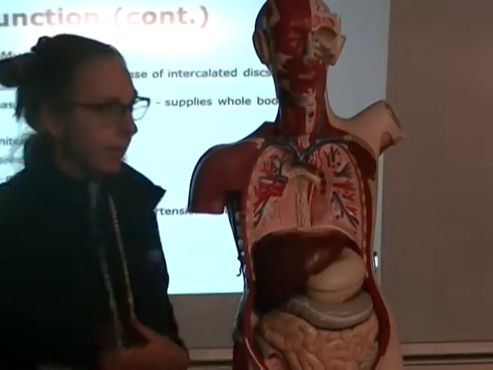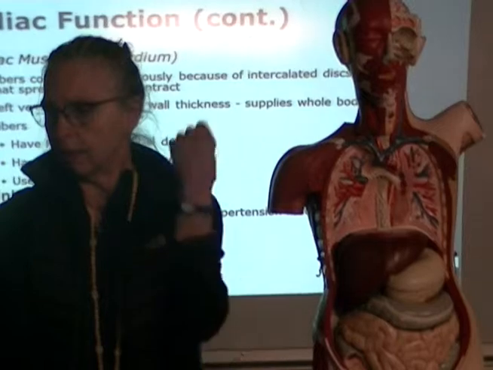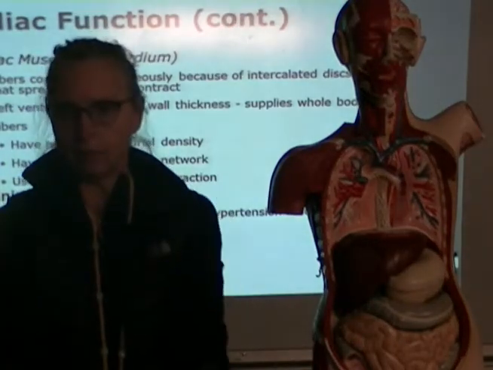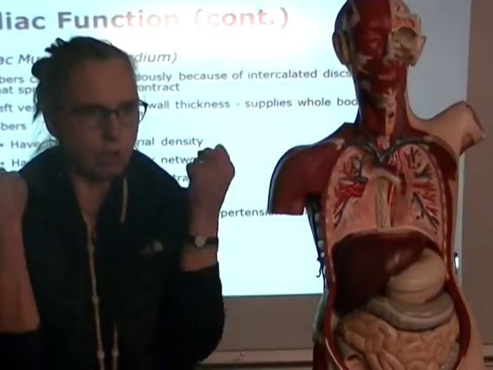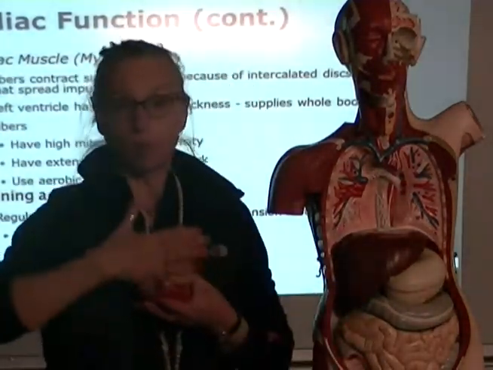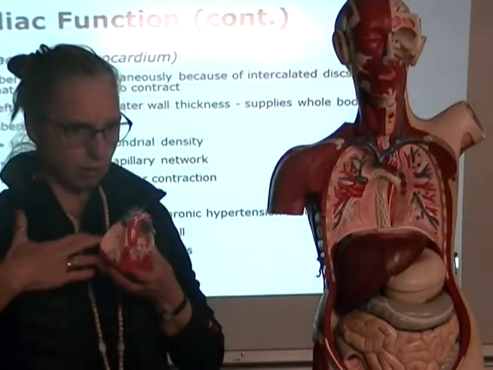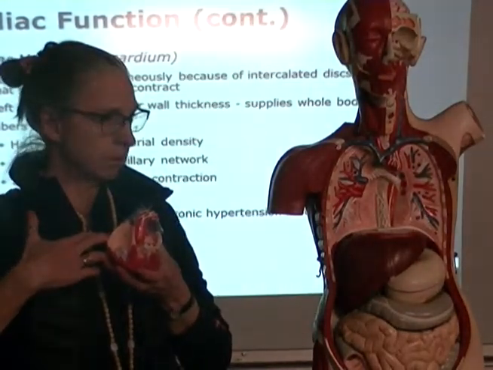It's just like doing dumbbell curls with a 2-pound weight and a 10-pound weight, right? Which bicep is going to be bigger and stronger, okay? So because the left side of the heart does more work, it is thicker and stronger than the right side of the heart. Make sense?